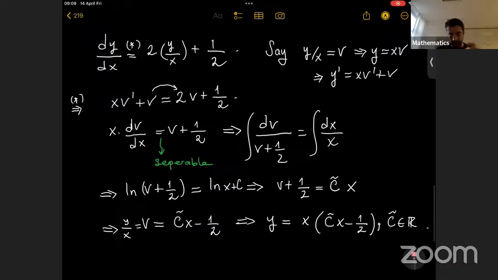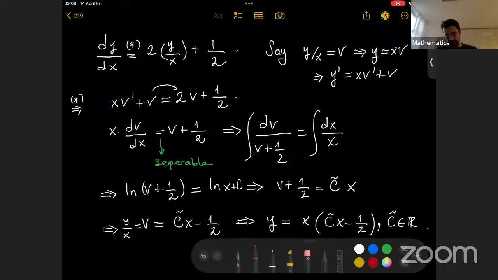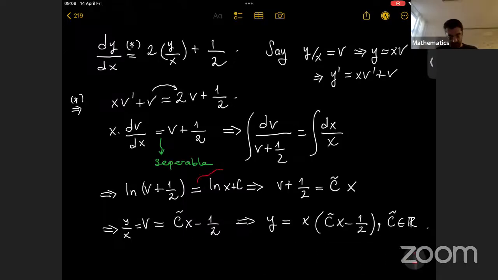Okay, so this c tilde, where does it come from? There is one question like this. Well, you take the exponential of both sides, then this is equal to e to the ln x plus c.